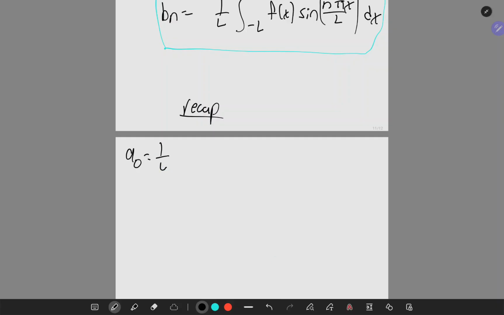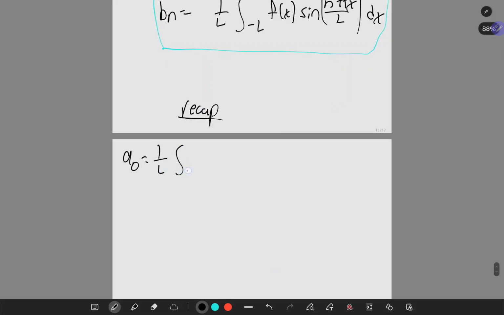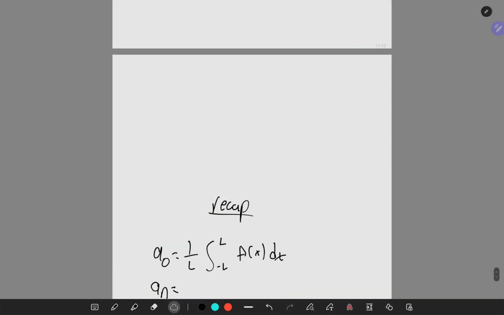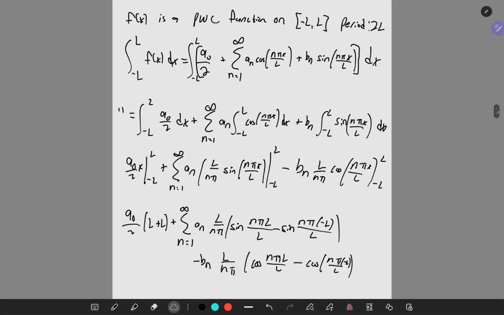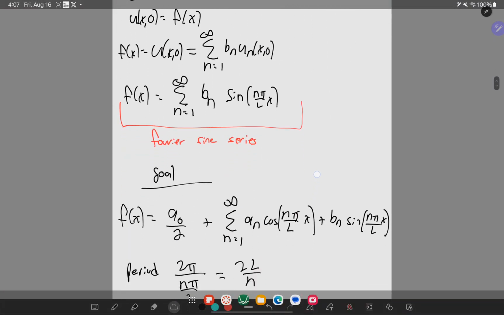A sub naught is 1 over L times the integral from negative L to L of f of x dx. A sub n. Actually, before I do the recap, let me copy our goal down here.